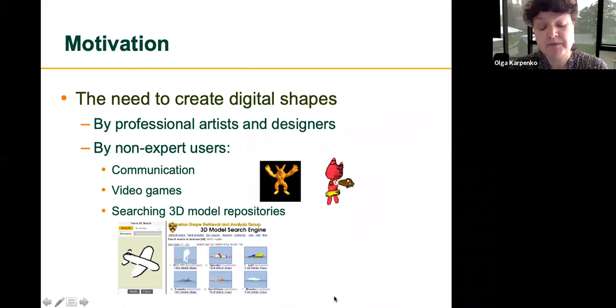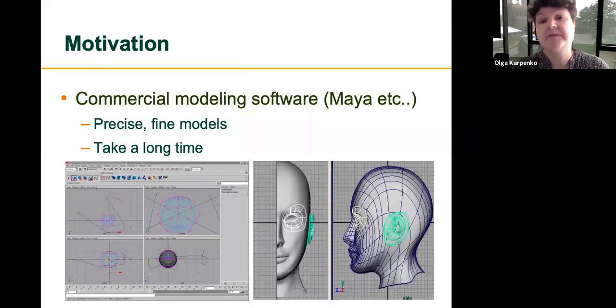For today's talk, I'll briefly talk about several interfaces for sketch-based 3D modeling. There's a need to create 3D shapes, and this need exists for professionals, of course, such as artists, architects, and designers, but they typically use existing professional software, for example Maya, for 3D shapes.